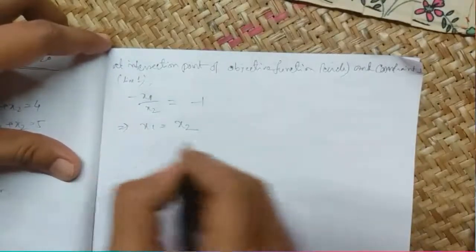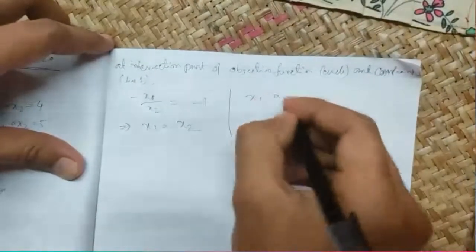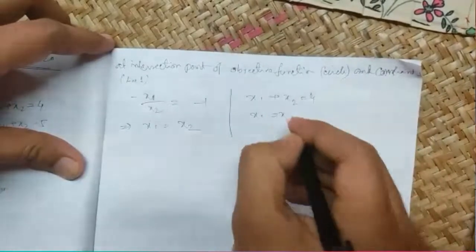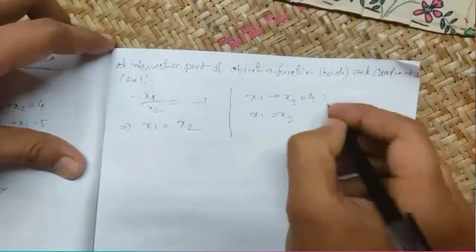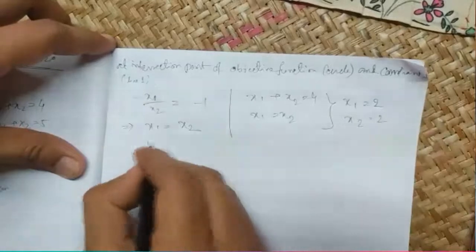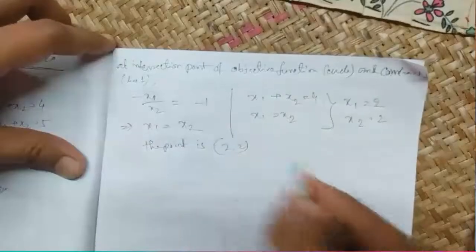So we remember that. At that particular point we get x1 plus x2 is equal to 4, as well as x1 is equal to x2. So on solving, this gives x1 equal to 2, x2 equal to 2. So the point is 2 comma 2.